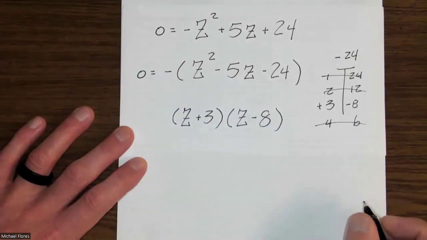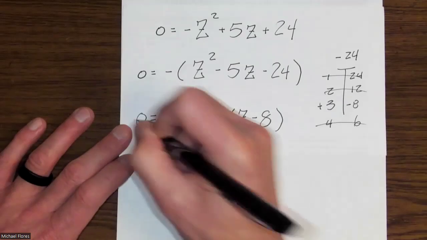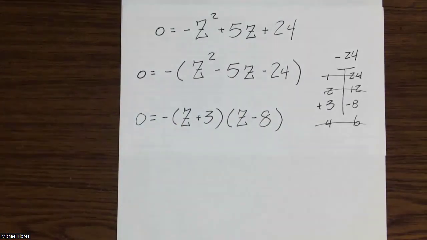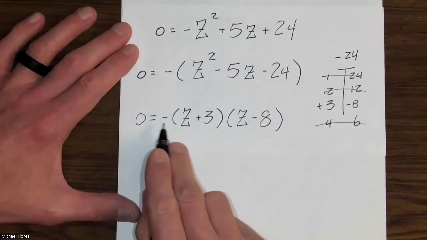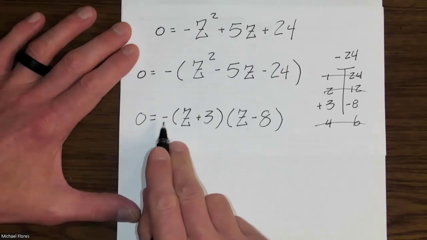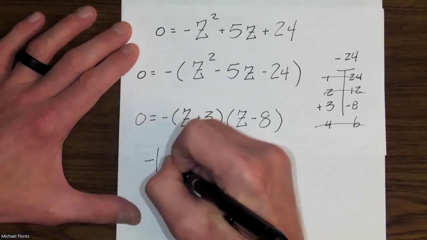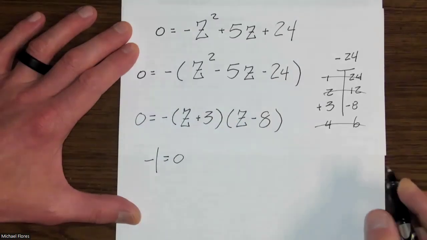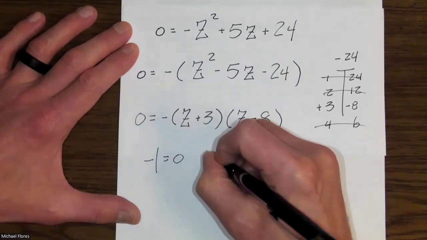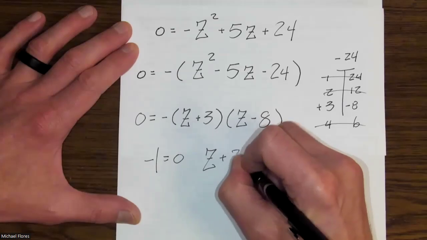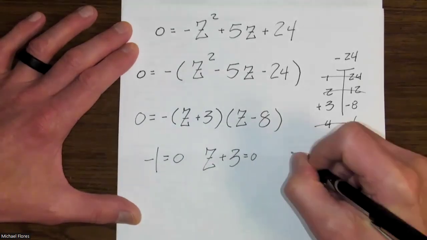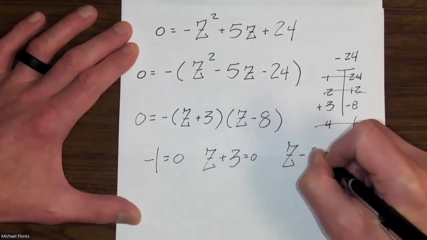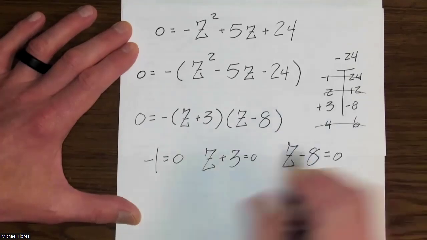What am I forgetting? Oh, I'm forgetting the negative. Don't forget we factored that out too. And then we have to also solve. You want to put this equal to 0 too. You're technically supposed to do that. That is a negative 1 equal to 0. Set z plus 3 equal to 0. Z minus 8 equal to 0.